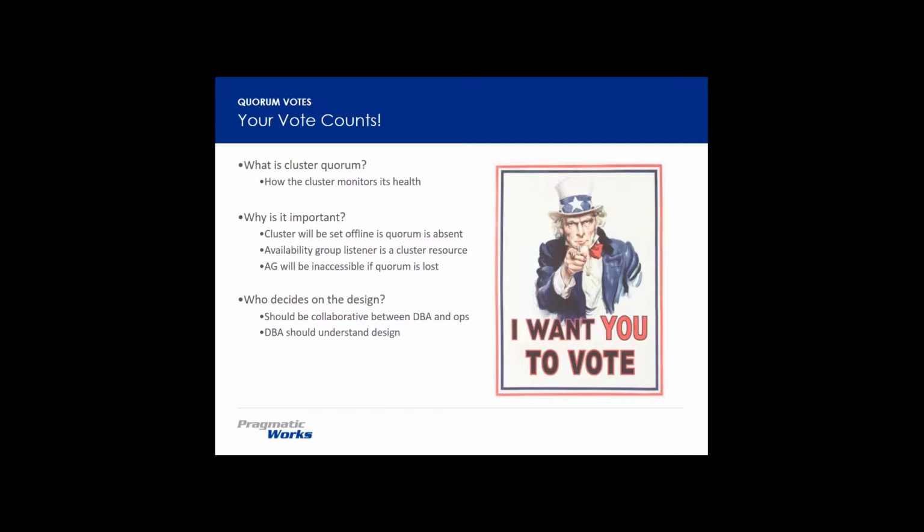I have a specific situation that I was involved in at a past job where the operations side had designed the cluster, and it was a very divided house in that sense. We were not aware of the design. We knew the number of nodes, the replicas, and the things we needed to set SQL up.